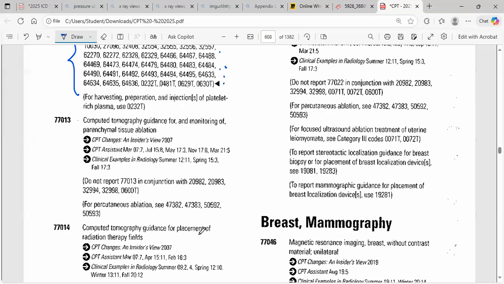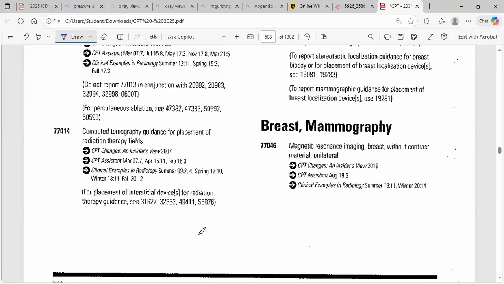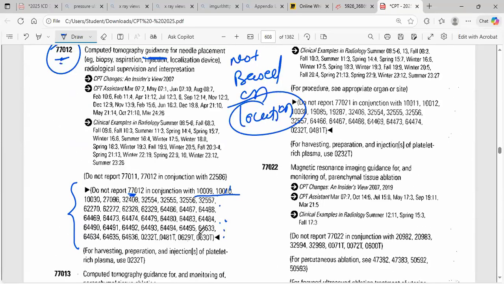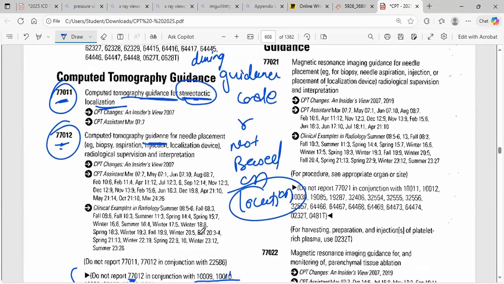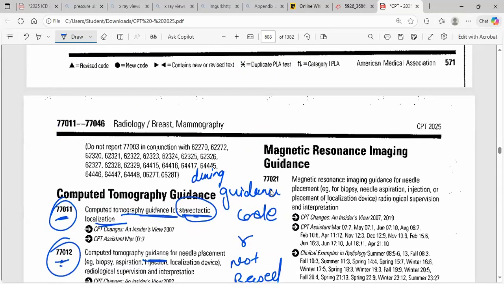For MRI, we have a code 77021 and 22. 77021 for any guidance, for any needle placement, any catheter placements.